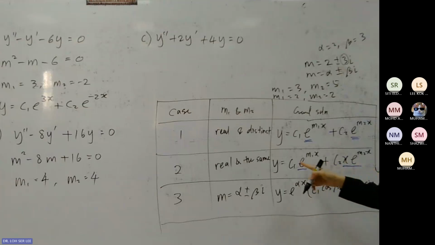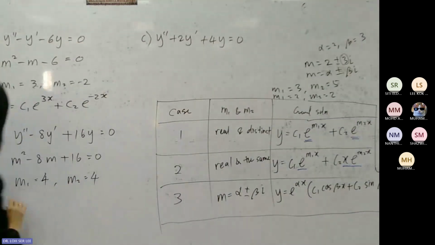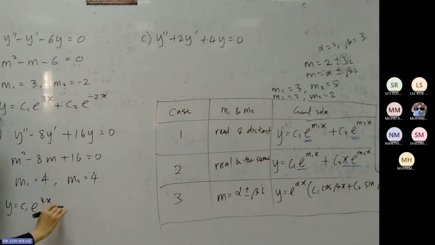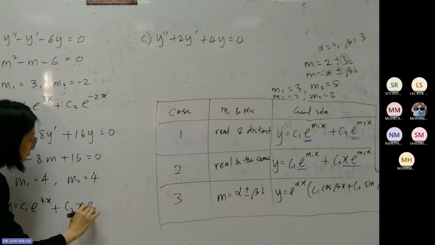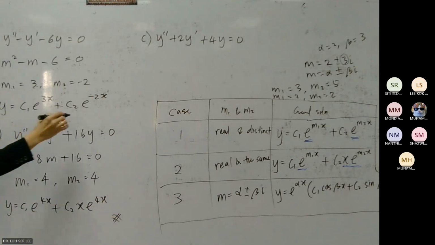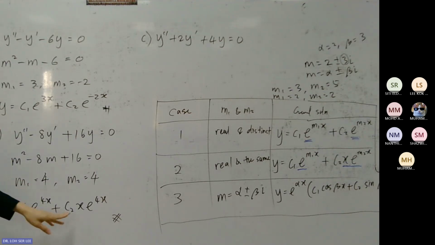Your y is C1 e^(mx) plus C2 x e^(mx), with an extra x, because they are real and the same. So the second term has an extra x.